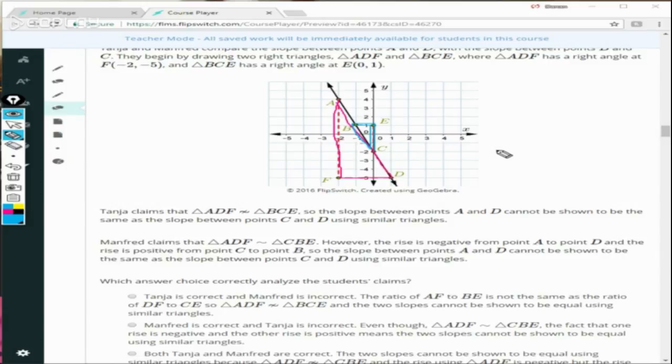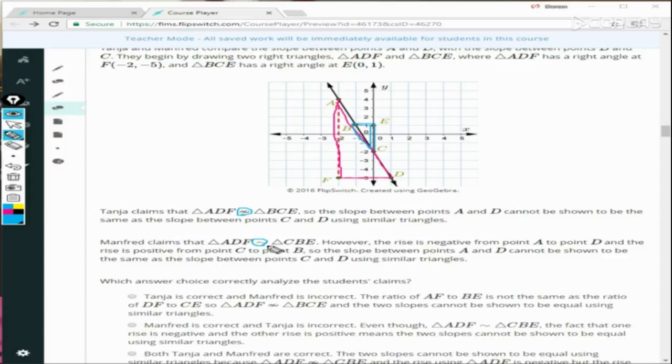Okay, so Tanja claims that triangle ADF is not similar, so that symbol is read as not similar, to triangle BCE. So the slope between points A and D cannot be shown to be the same as the slope between the points C and D using similar triangles. Manfred claims that triangle ADF is similar, that's what this symbol is, similar to triangle CBE.